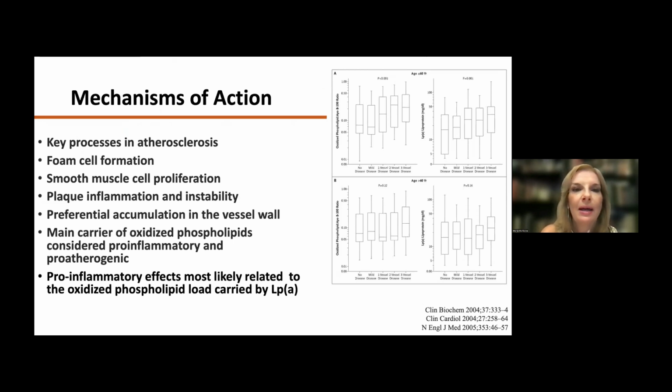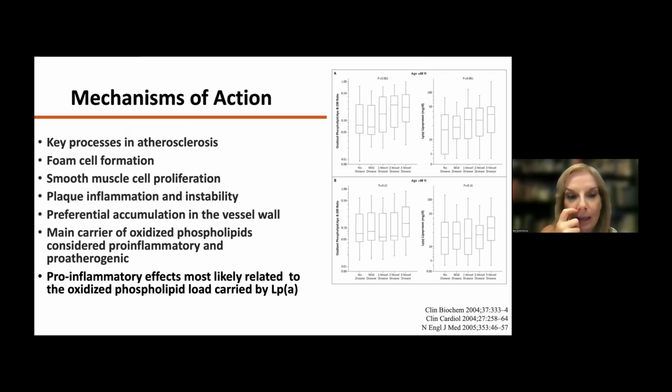Some of the mechanisms of action you can see in this slide. LPA is a key process in atherosclerosis. It might induce foam cell formation and proliferation of smooth muscle cells, and it provokes plaque inflammation and instability.